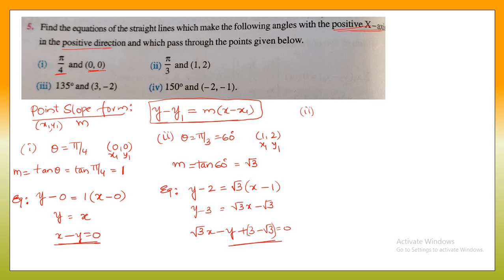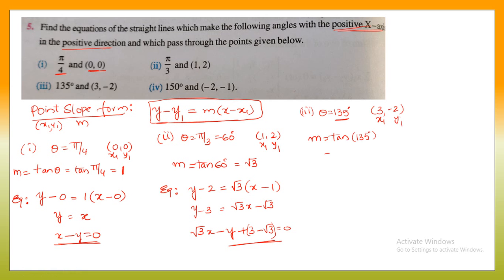So bit number 3, what he has given, theta is equal to 135 degrees. So clearly it is an obtuse angle, right? So since it is an obtuse angle, we are going to get the slope as a negative value, and the point is given as 3 comma minus 2. So this is x1 and this is y1. Now from this m is equal to tan 135 degrees.